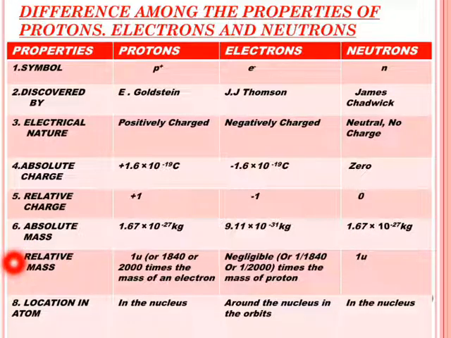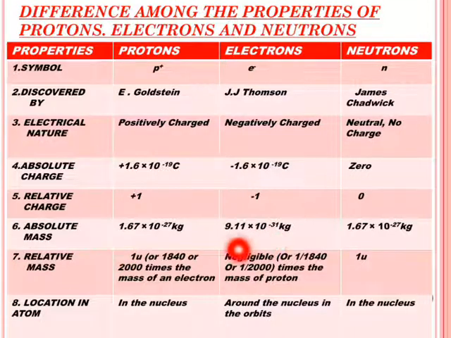On the basis of relative mass, the mass of proton is 1 unit, or it is 1840 times or approximately 2000 times the mass of an electron.